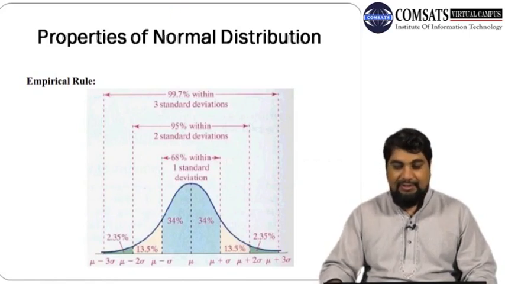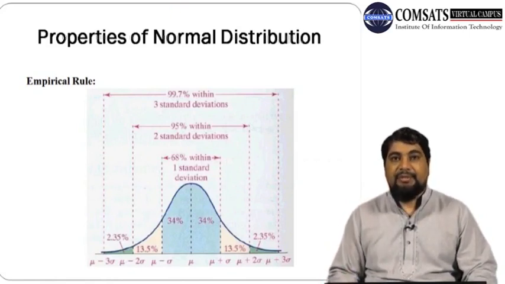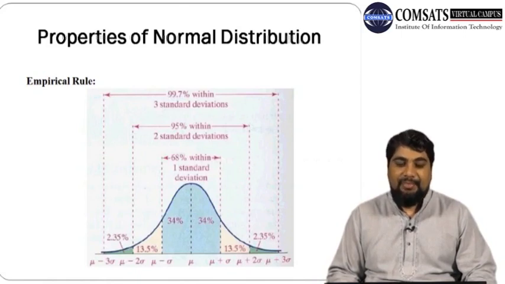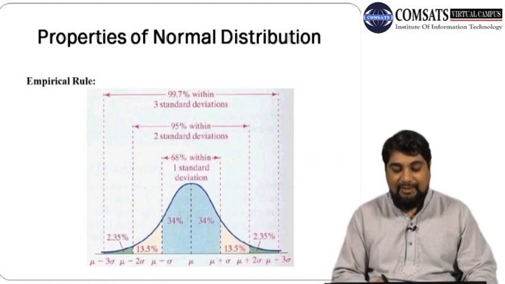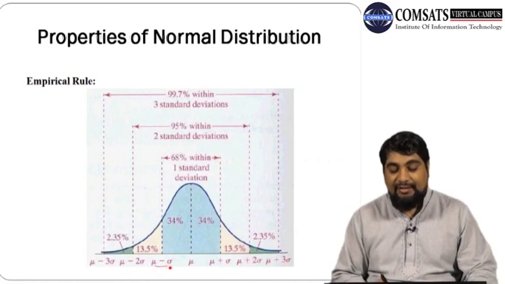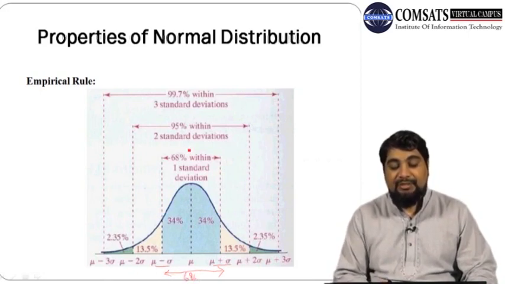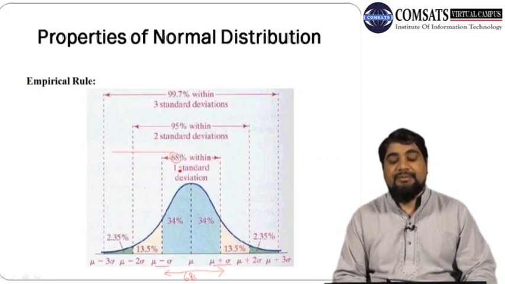So before moving further, there is one very important property of normal distribution that is also called the empirical rule. It states that the probability that a random variable x lies between mu minus sigma and mu plus sigma, so the probability that the random variable lies within these two limits, is 68%.